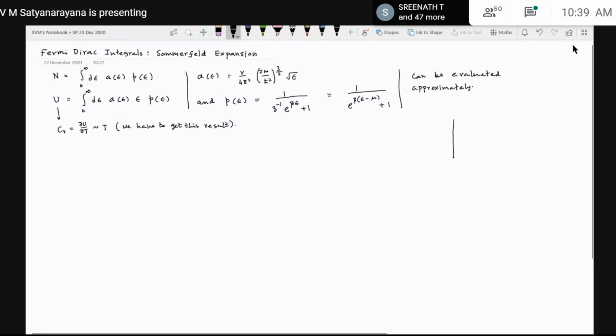So suppose I plot, let's say, this is your epsilon and this is your P of epsilon. This is the probability. Then, as I told you, this one is a step function, and this is your Fermi energy at T equal to 0.